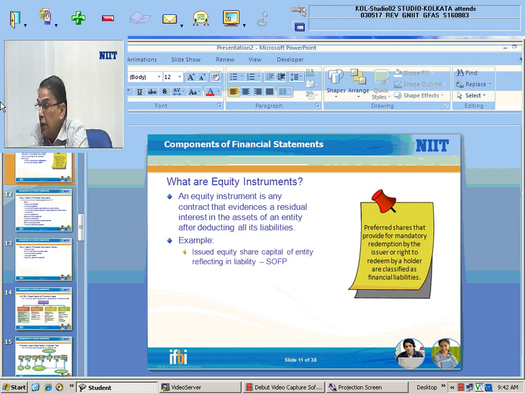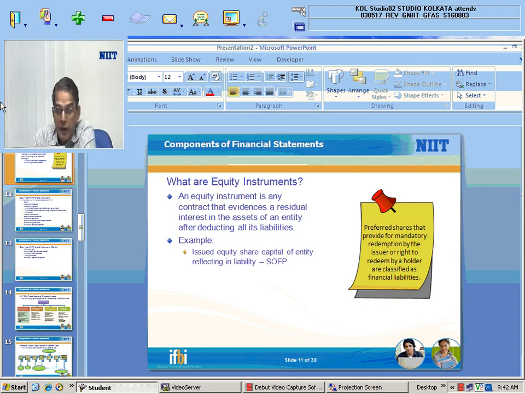Those will be treated as financial liabilities, but preference shares which cannot be redeemed by the holder or provide non-discretionary dividends can be considered equity.